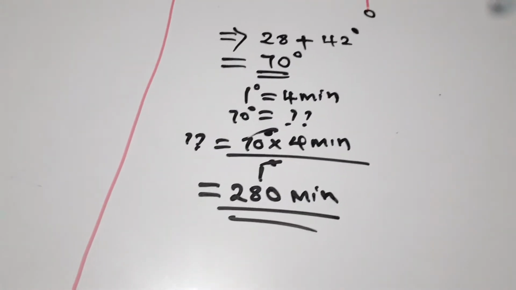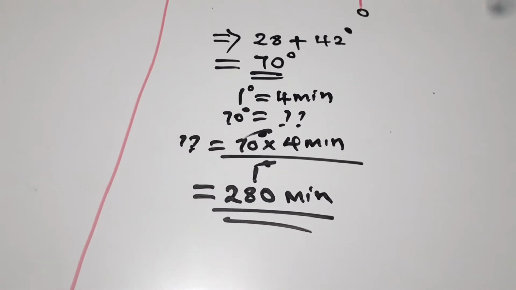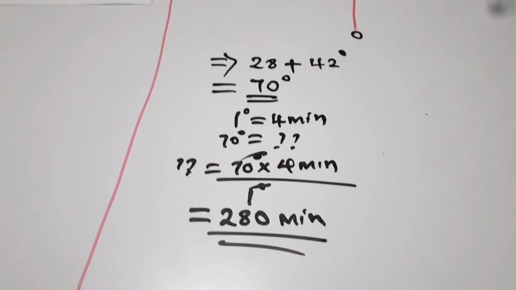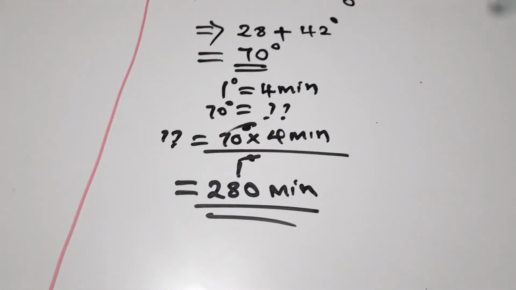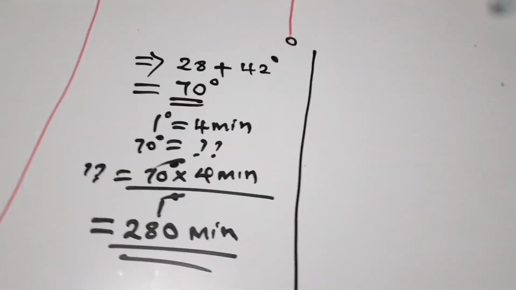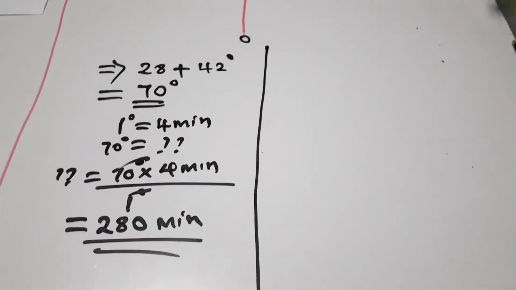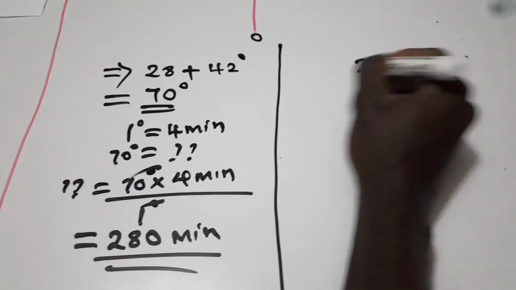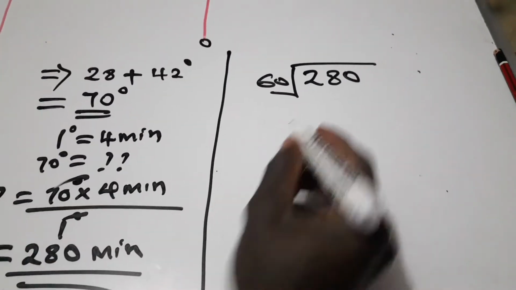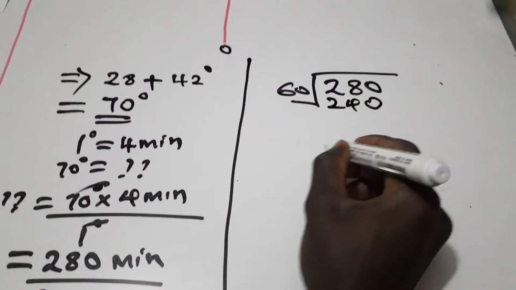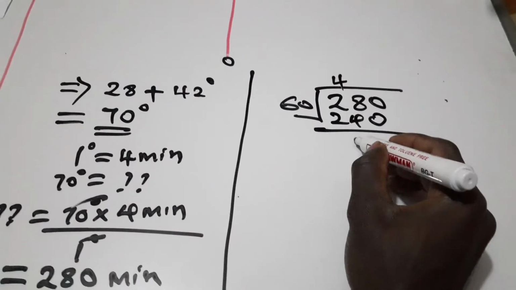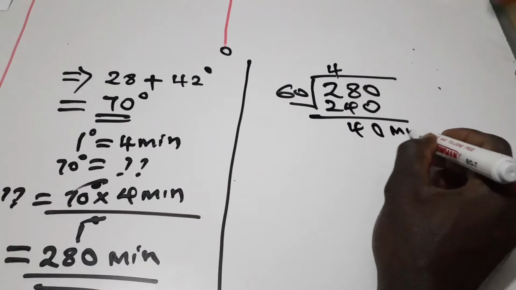So T will receive the sun rays 280 minutes earlier than S. But let's change this 280 minutes into hours. We're going to change it this way: we're going to divide 280 minutes by 60. So it will be 280 divided by 60. We're going to get 4, because 4 times 60 is 240. For this, subtract this, you're going to get 40 minutes. 40, the remaining.